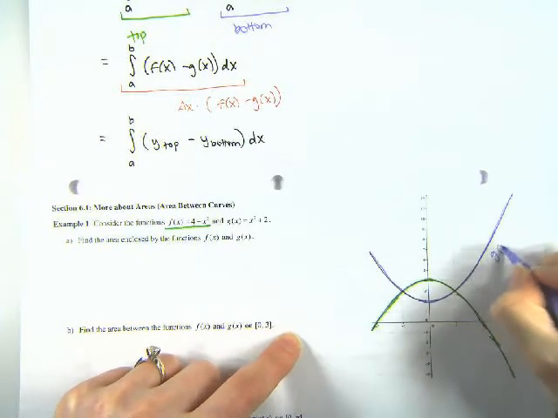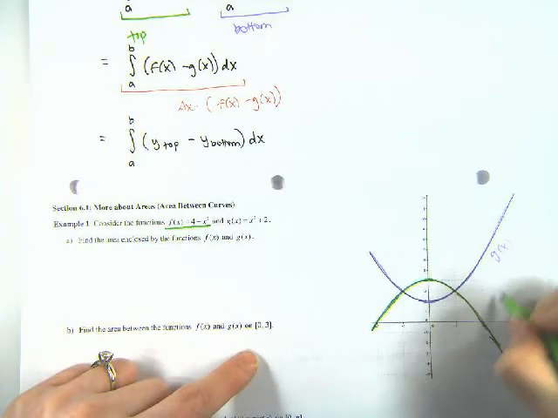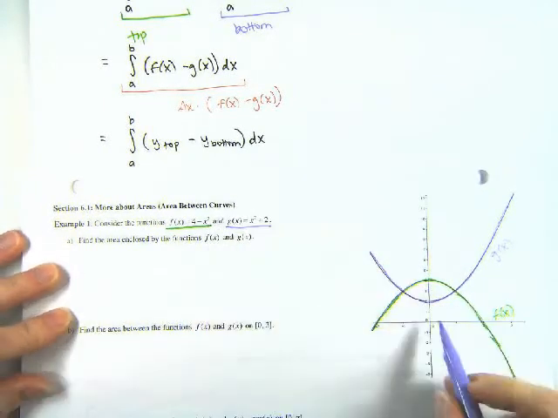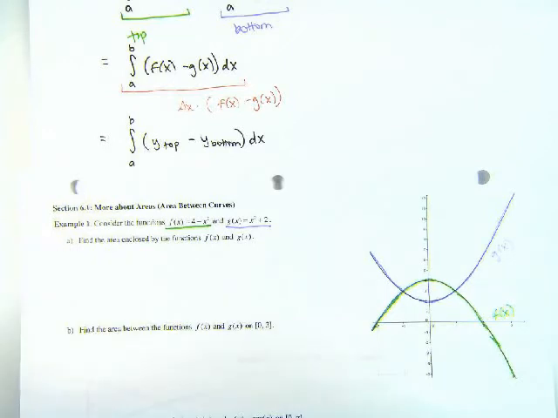It's an upward-facing parabola. And yep, its y-intercept is at 2, so that's looking good. Okay, so it says find the area enclosed by the functions f of x and g of x. Another way I could say that is find the area between the curves. It would be the same thing as the area enclosed by the two curves.